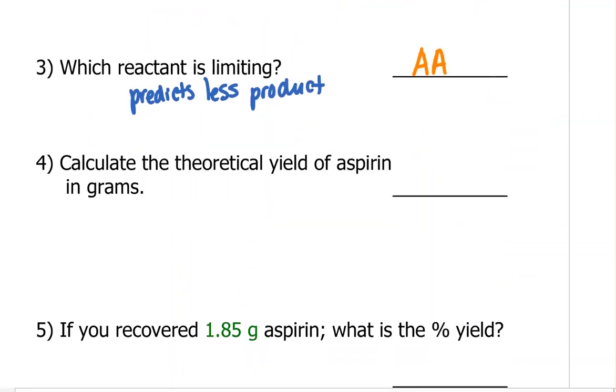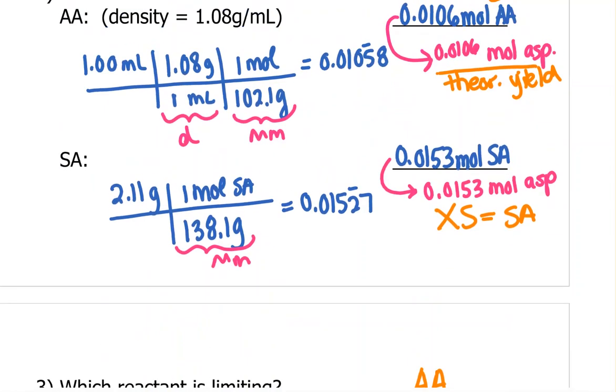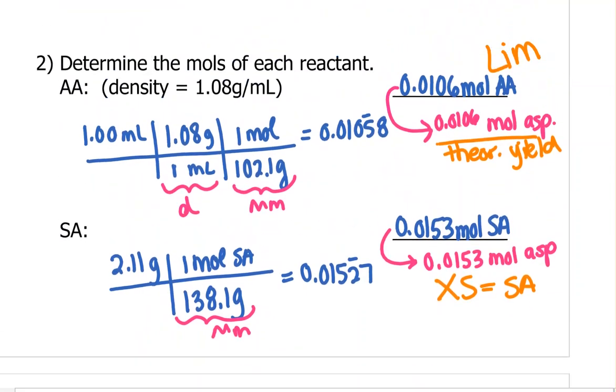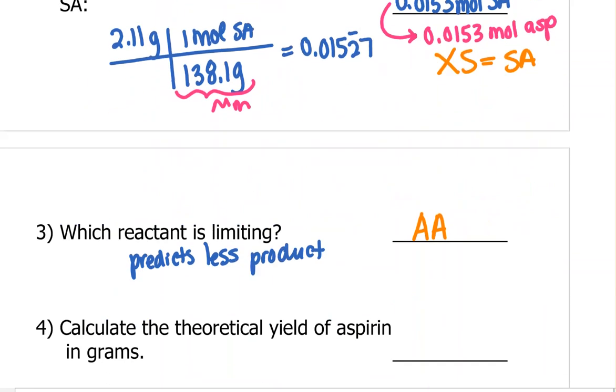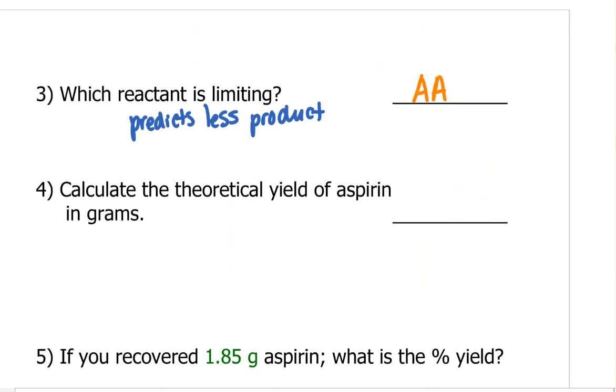So I'm going to go back to this. We already kind of did this one step without showing it, but I'm going to start with my amount of limiting reagent, and I'm going to use all the digits when I do this calculation. So I'm going to start with our limiting reagent.